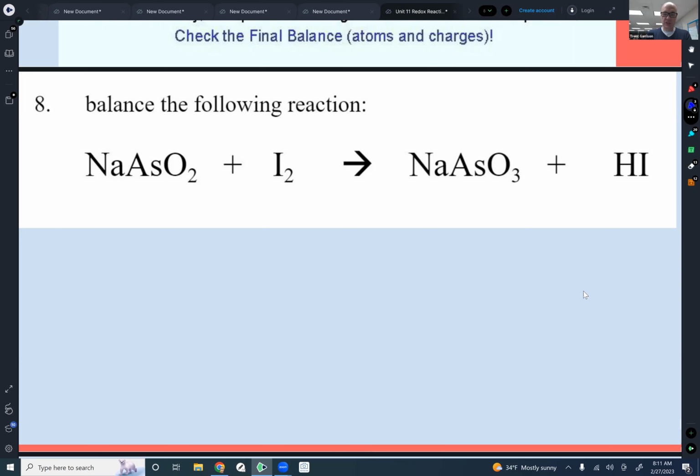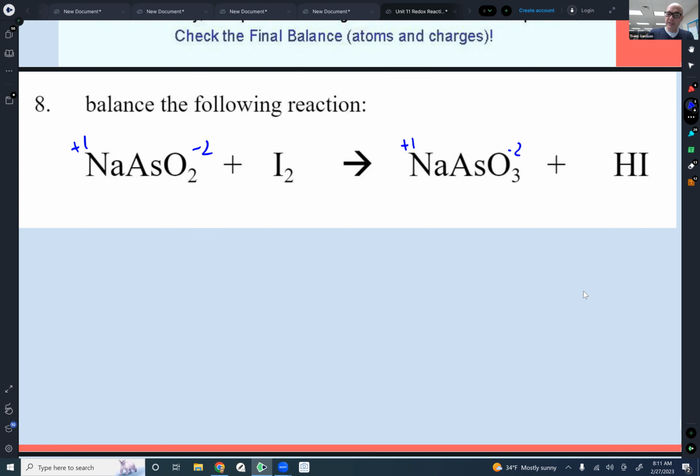Split it into half reactions. You will get practice at seeing where these elements are that change their charges. You know it's not going to be based on the oxygen, and I will tell you right now that this sodium does not change its charge either, because we have rules that say it's always going to stay as a +1.